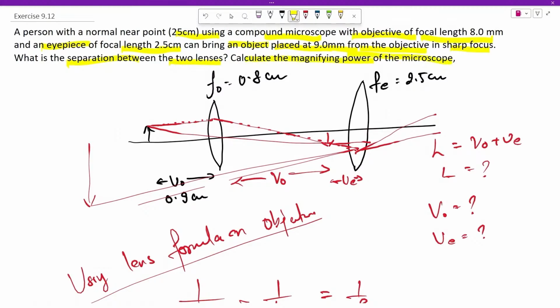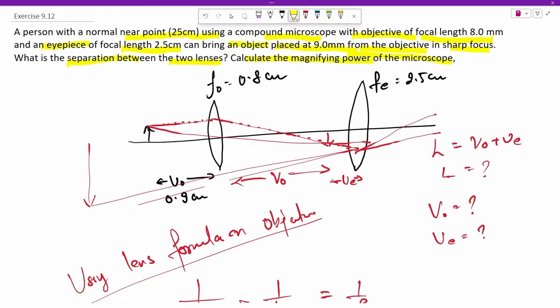So in this question, it is simply asking what the distance between these two lenses would be, such that if the object is placed at 9 millimeter or 0.9 centimeter in front of the objective, the person with a normal near point of 25 centimeter sees that object clearly. That is, the eyepiece can create an image at V equals 25 centimeter in front of it.